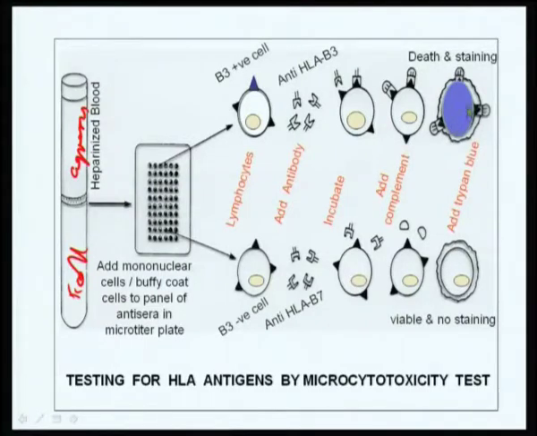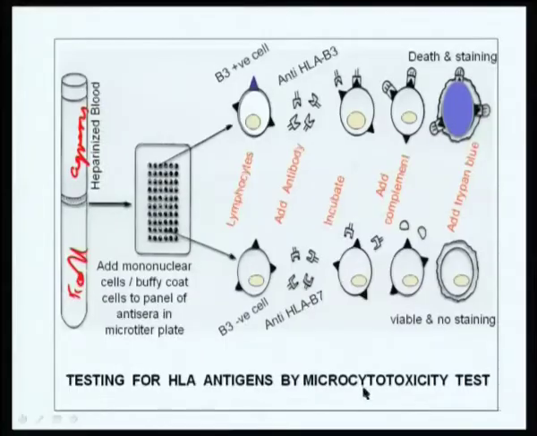Therefore, if you had a positive microcytotoxicity test, these cells would be positive for HLA B3. So, when you use a panel of antisera, one could type the person in terms of what type of HLA molecule is present on their lymphocytes, and then match the donor and the recipient.